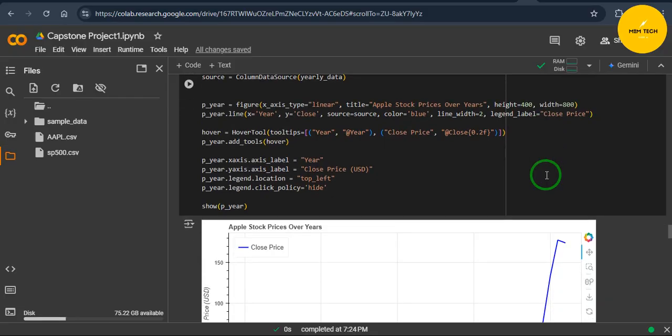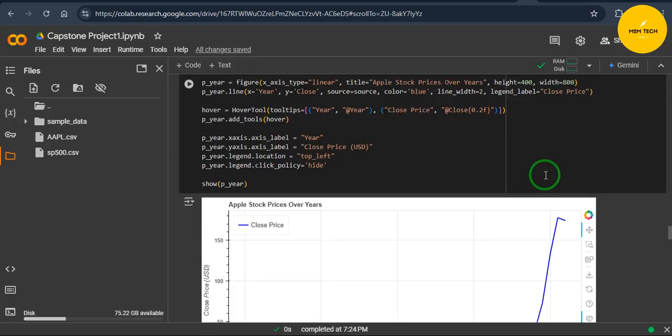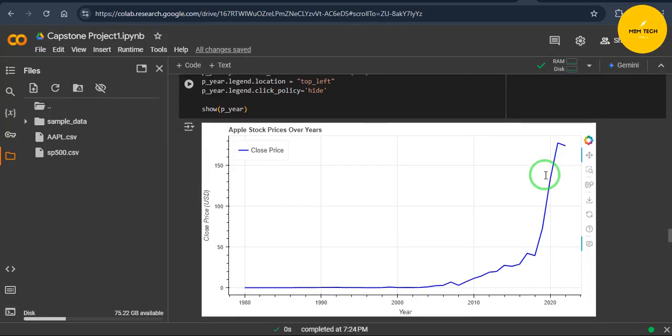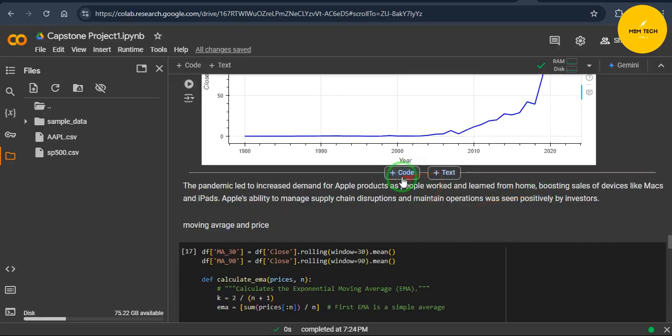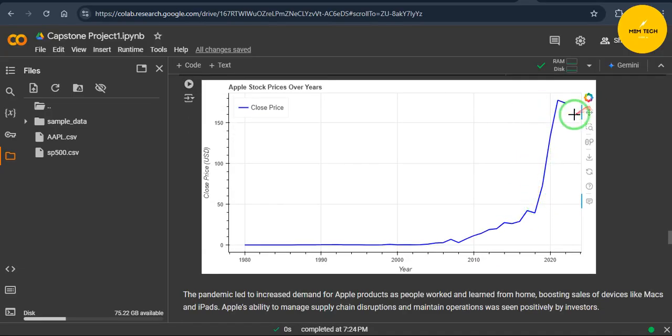And then I plot the yearly data, and we can see the spike in Apple stock prices during 2018 and 2021. It was during the pandemic, because people worked from home, and the demand for Apple products grew.